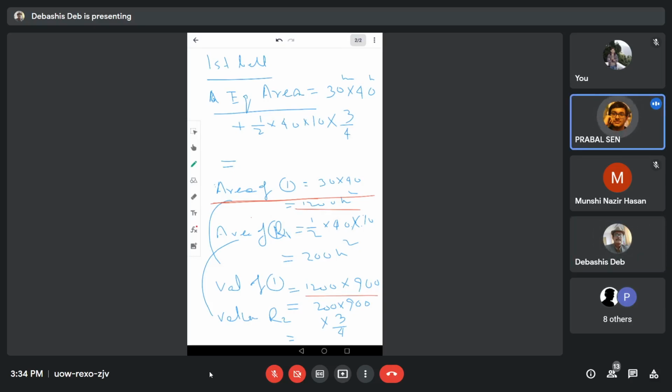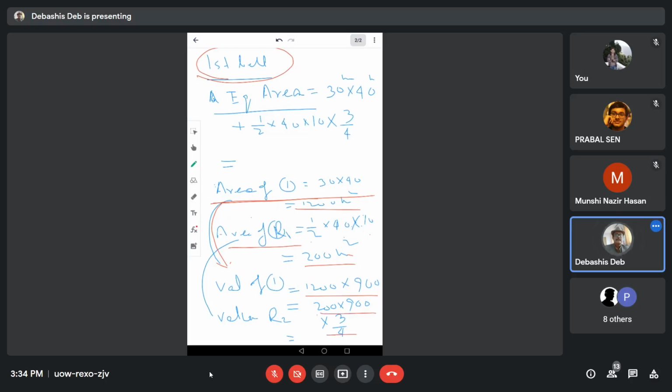Right now I am going through the first belt only. I have not started the second belt. So it is again area of R1, half into 40 into 10, 200 square meter. Value of R1 will be 200 into 900 into three-fourths.